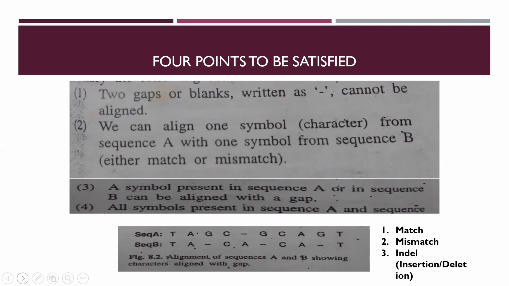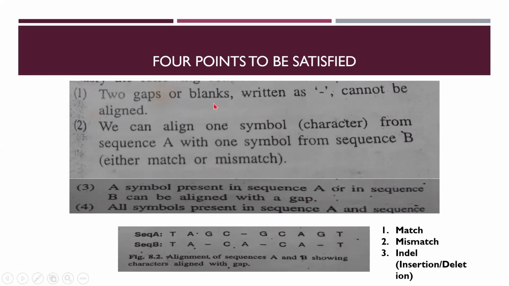If the two sequences being aligned are not of the same length, then to get the maximum number of matches in the alignment, gaps or blanks can be introduced. So as I told you, what are the 4 points to be satisfied while carrying out an alignment of sequences?